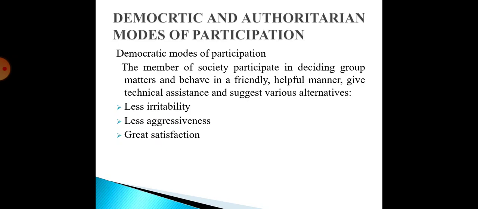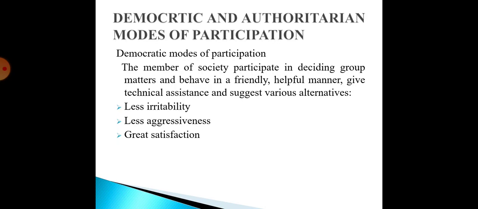Those in the higher class should give technical assistance to those living in the lower class and suggest various alternatives, like how to modify the democratic rules and regulations and make the democratic approaches stronger and more powerful. This kind of democratic mode of participation will be present in democratic approaches.